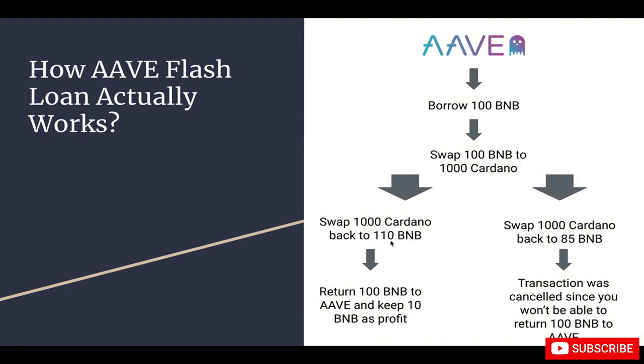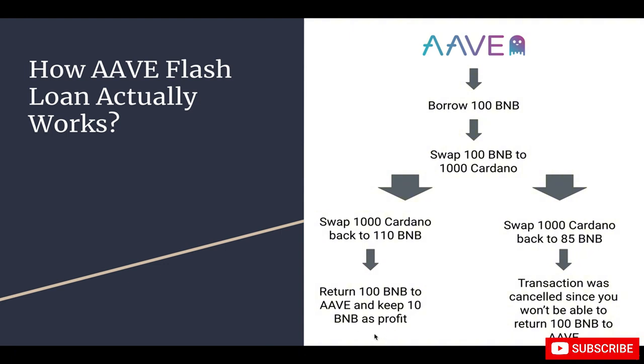It means that you made 10 BNB profit, or in other words, 10% profit, right? Then at the last step of the transactions, you need to return 100 BNB to Aave and keep the 10 BNB as profit.